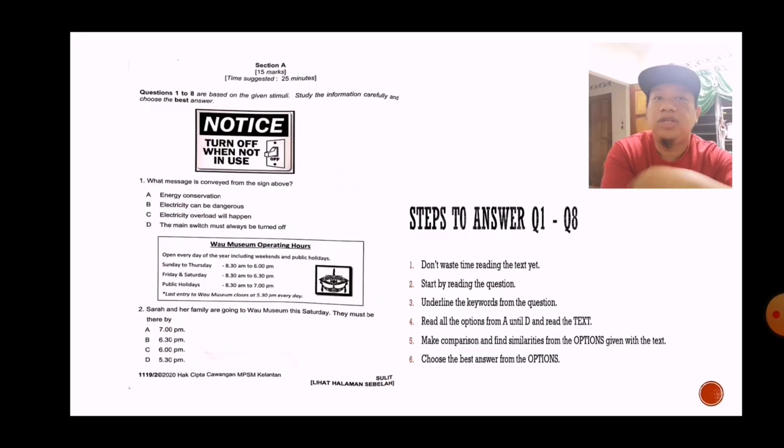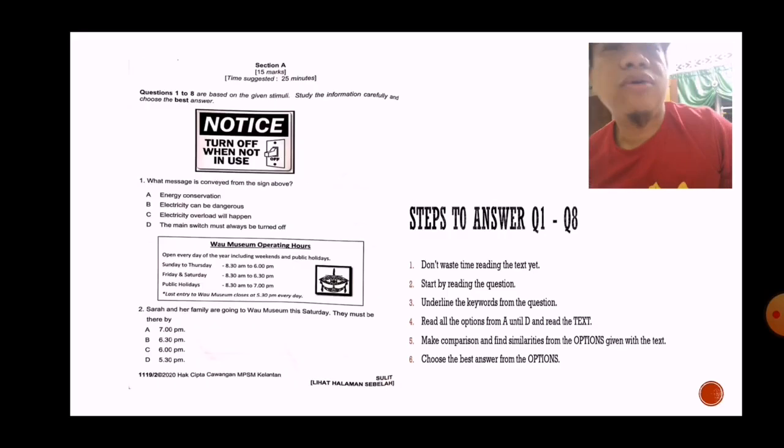For number 1 there's a picture, and also a question and the options, from A, B, C and D. All 4 options. However, you only need to answer one only.